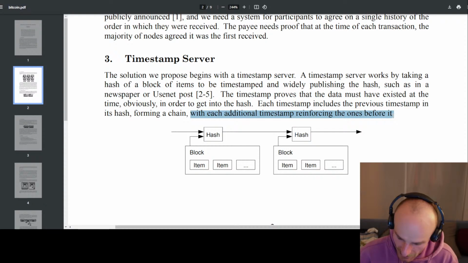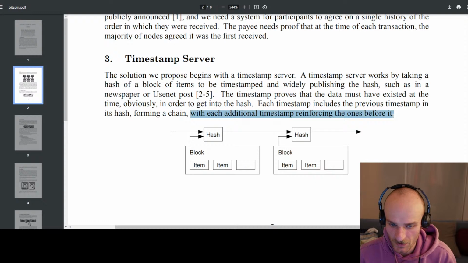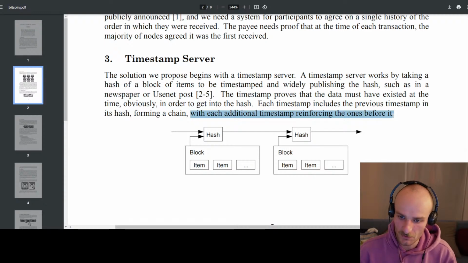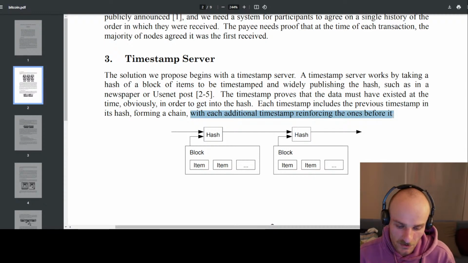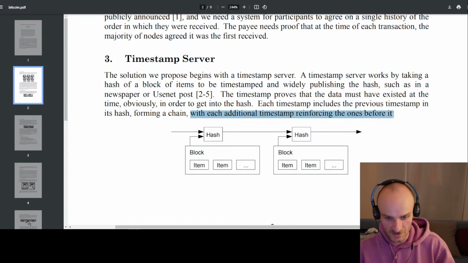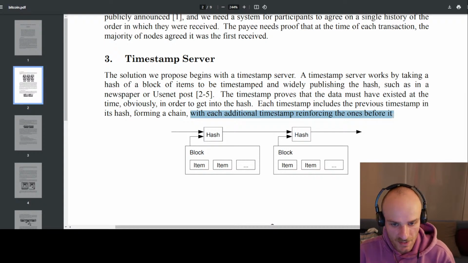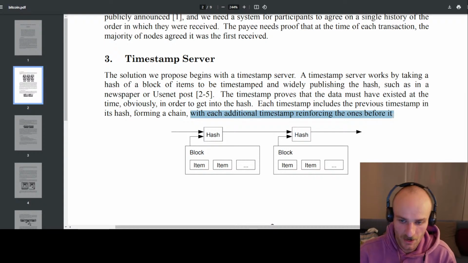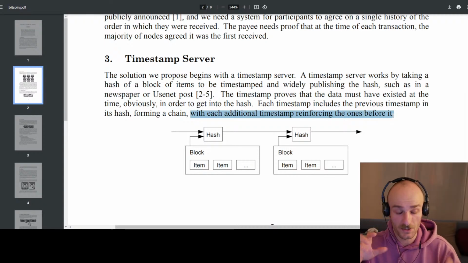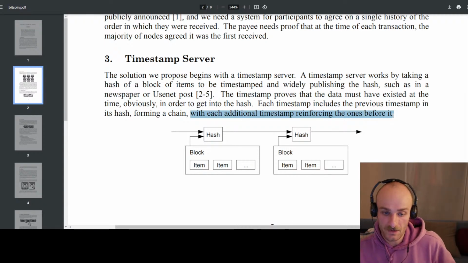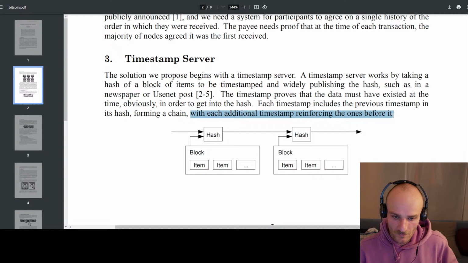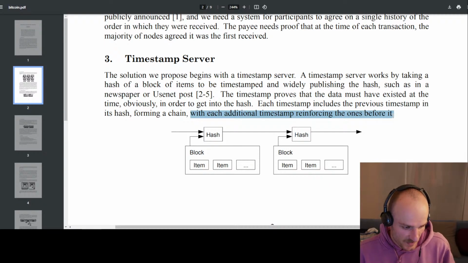Therefore, it is possible to create another chain, a longer one, with a different version of history. But you need to put in all the necessary work to create a longer chain, which we'll see later. I'm sure that we'll have time to discuss how you can theoretically do this and why it's not convenient. We will discuss it later also.